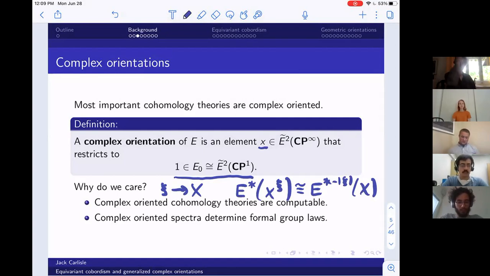Now, perhaps more significantly, we care about complex oriented spectra because complex orientations are a pathway to get from stable homotopy theory to other areas of mathematics, such as algebraic geometry and number theory. Perhaps it's not worth writing, but I've already committed to it. So we start in stable homotopy theory.